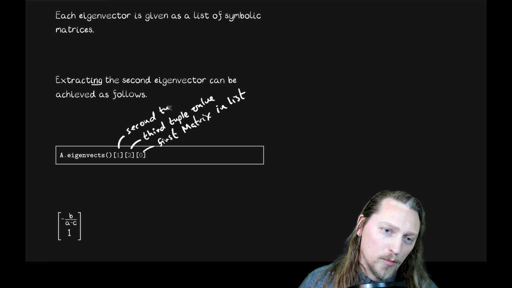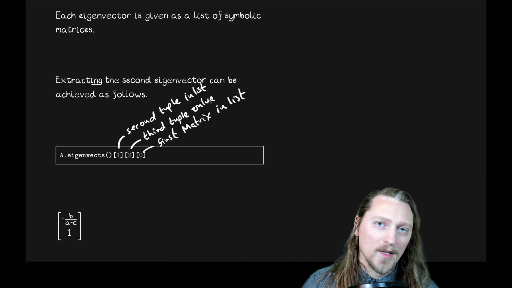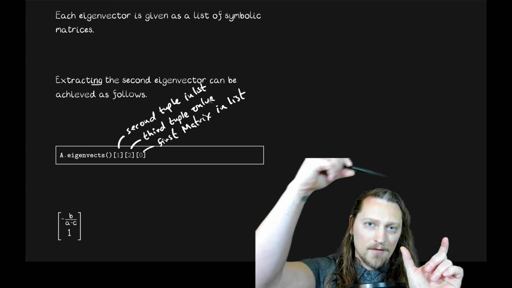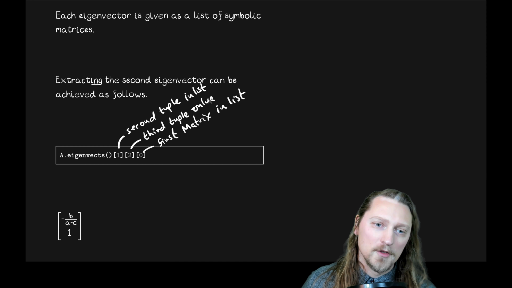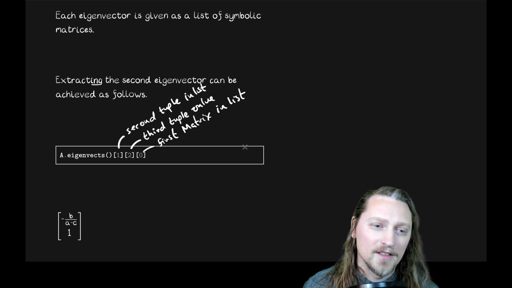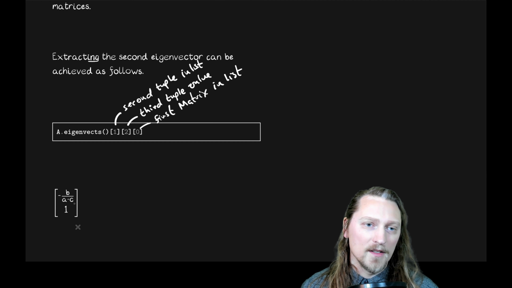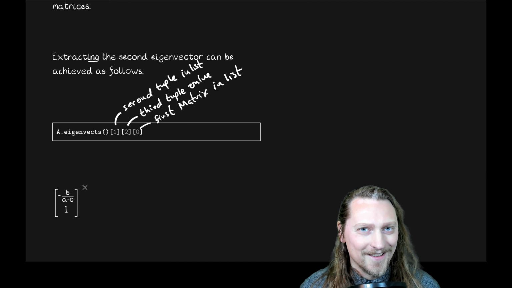So we select the second tuple in the list, then the third tuple value, and the first matrix in the list. That gives us the second eigenvector, symbolically in Python.